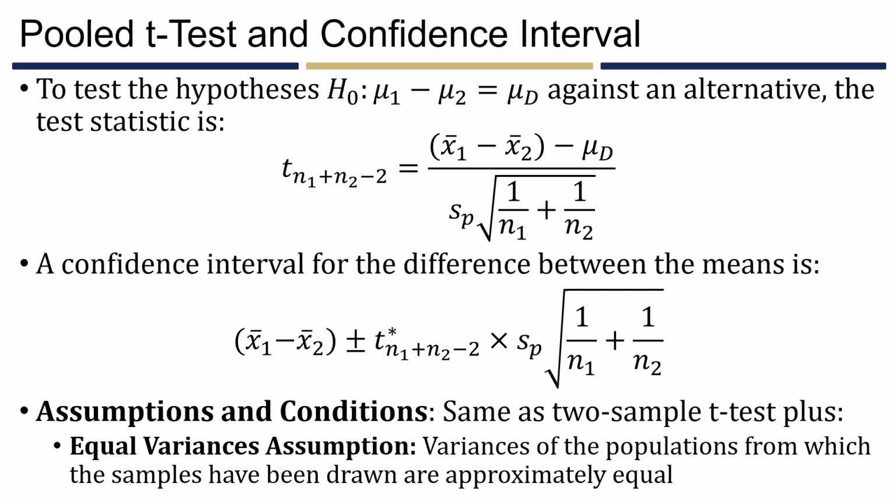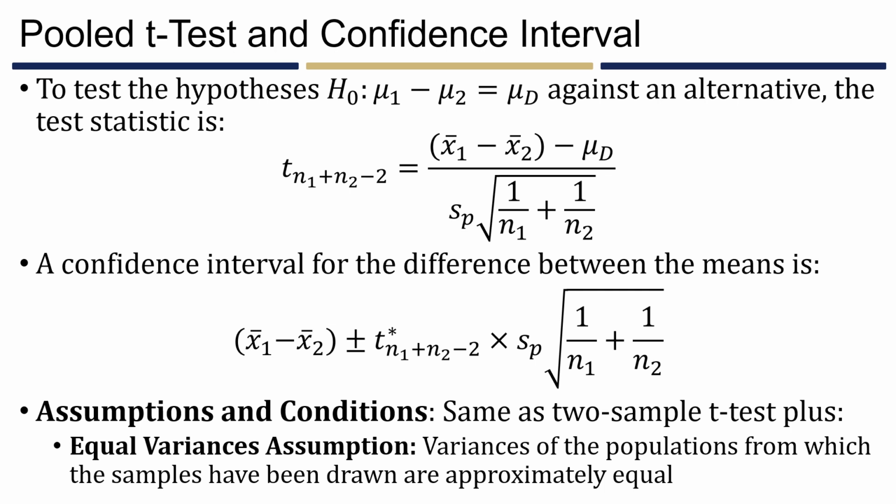It's still going to follow a t-distribution. The numerator is still the same, the difference between your sample means minus the hypothesized difference, and then we divide that by a little bit of a different standard error. Now what we have is the pooled standard deviation, the square root of what you saw on the previous slide, times the square root of 1 over n1 plus 1 over n2.